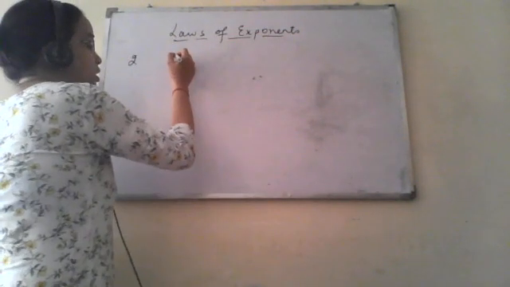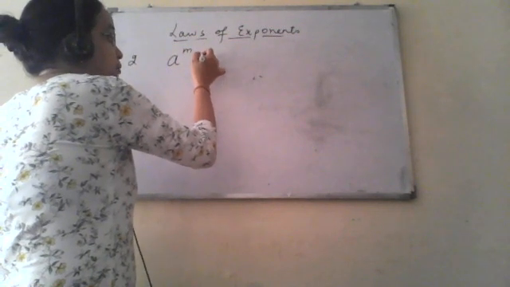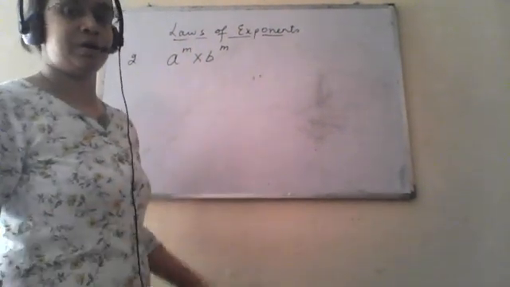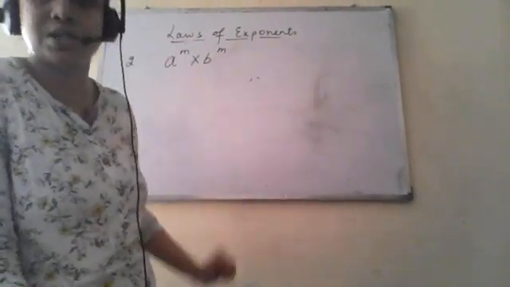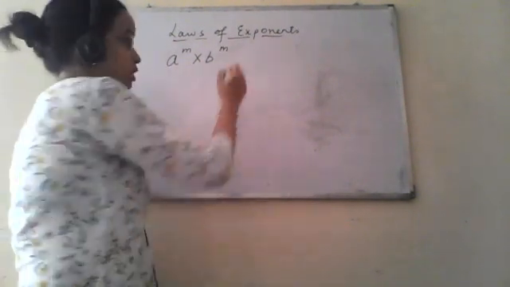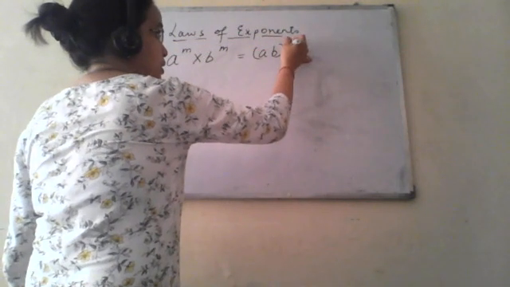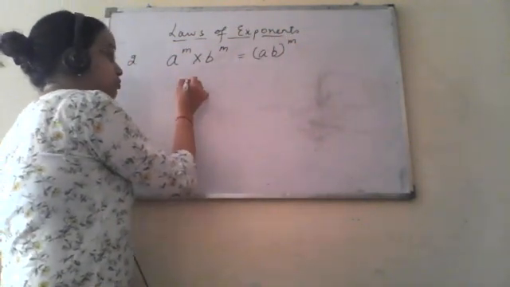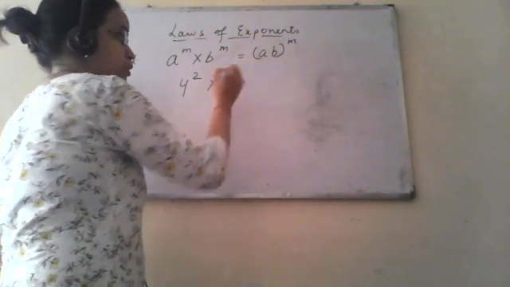Now further, if there is a raised to the power m and b raised to the power m. Up till now we have seen their bases were the same. Now their bases are different and the power is the same. What happens? It is applicable in the case of multiplication only. It will be a into b, raised to the power m. Now, this is 4 to the power 2 and 2 to the power 2.